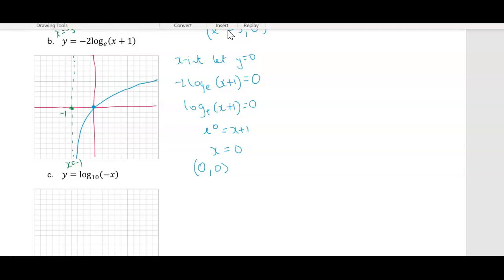Now, if you wanted to do another point on the graph, you can say, all right, let's let x equal something, and let it equal 1.